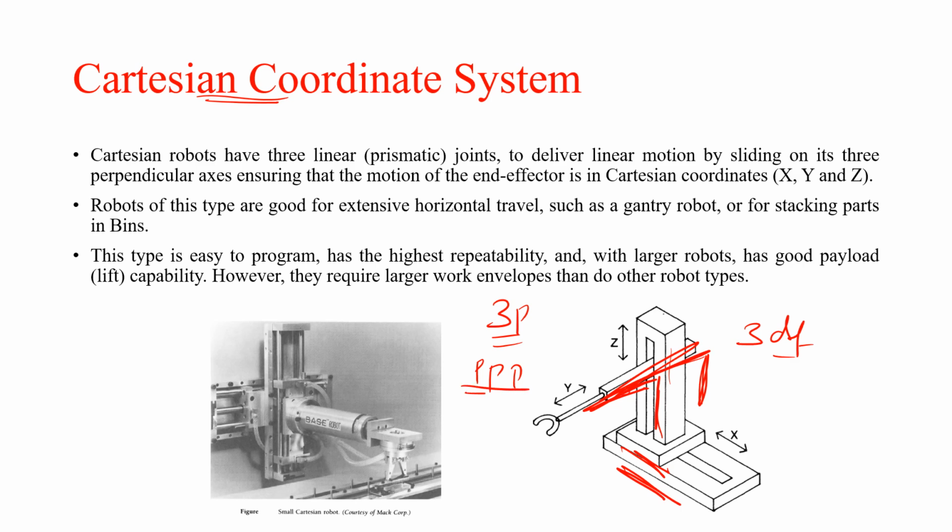So this configuration is a 3P robot, or the other name is Cartesian robot. Here three linear prismatic joints deliver linear motion only. This is used for extensive horizontal travel, such as in gantry robots, or for stacking parts.